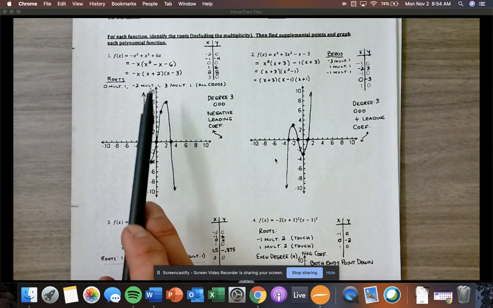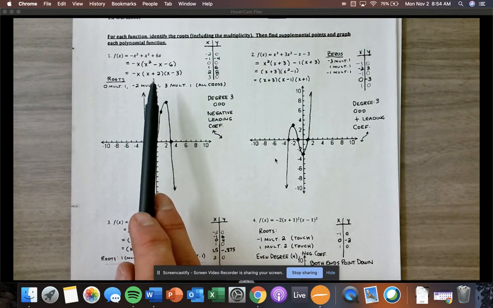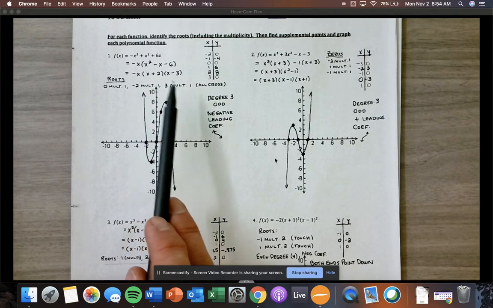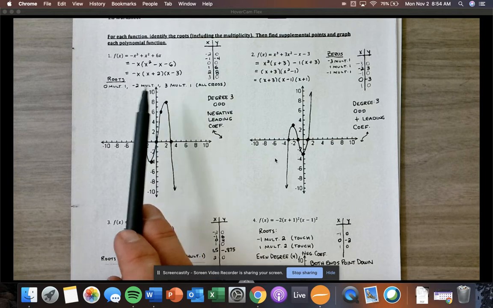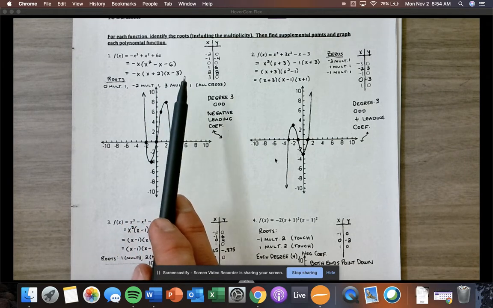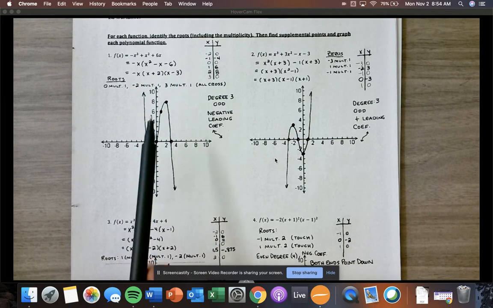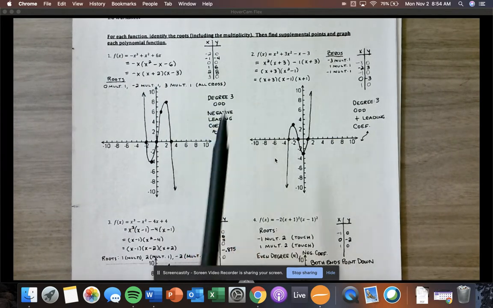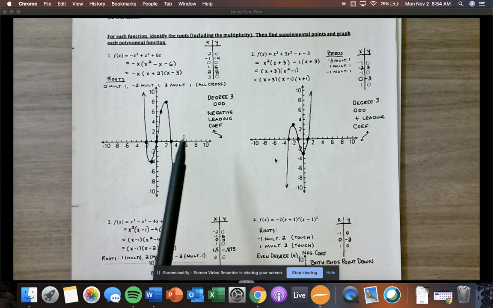So for the roots, we have a 0 from this -x, we have a -2 from this x plus 2, and we have a positive 3 from this x minus 3. Each of them has a multiplicity of 1 because their exponents are just to the first power, which means they're all going to cross.